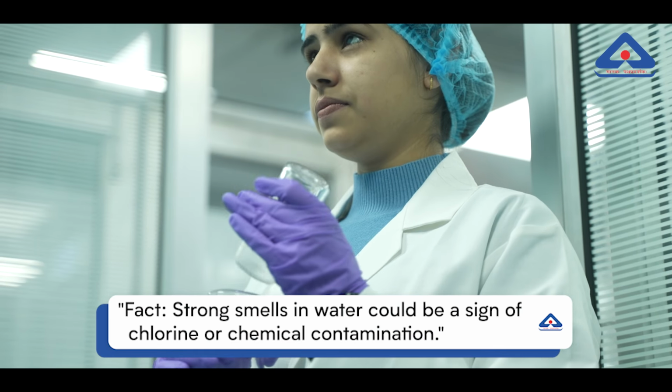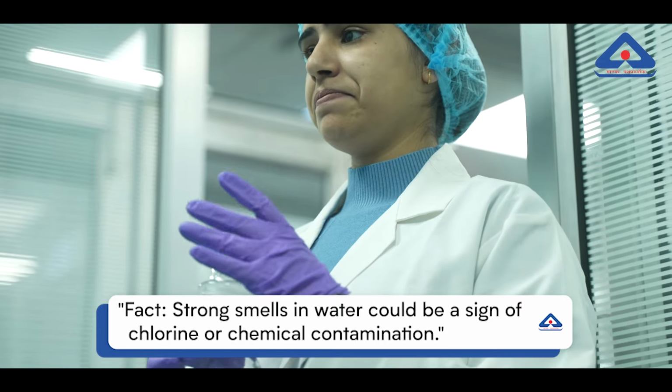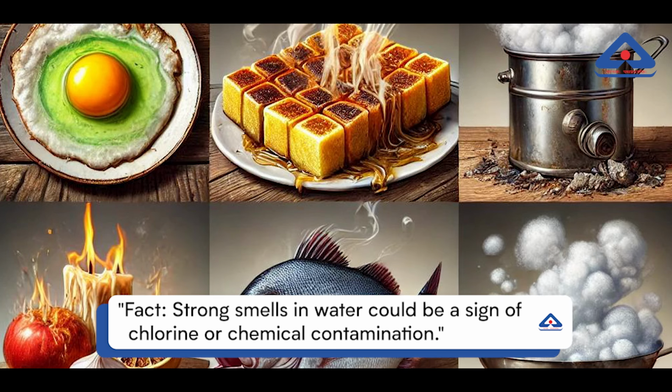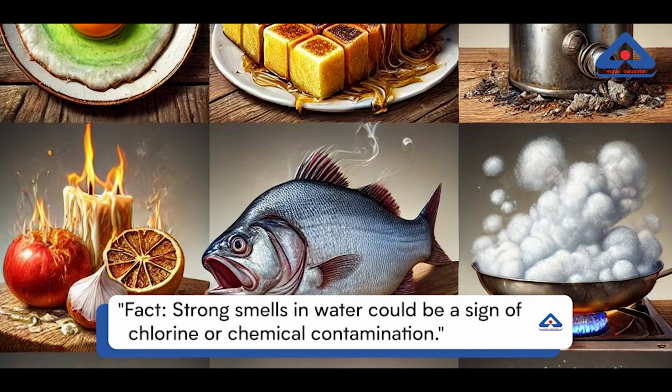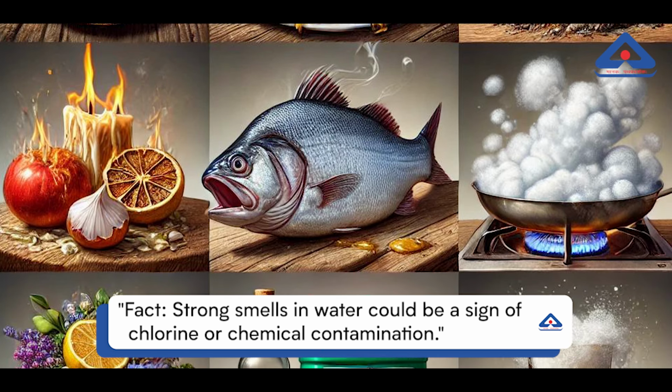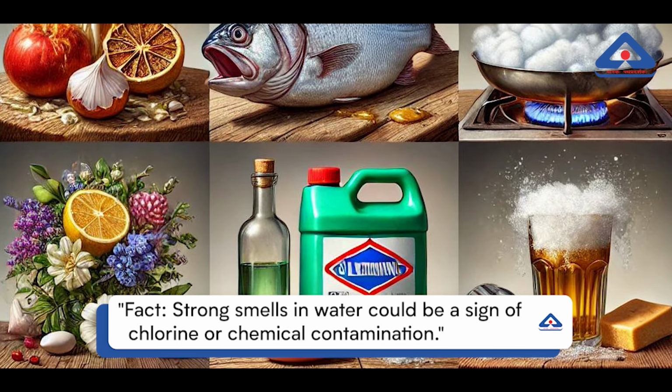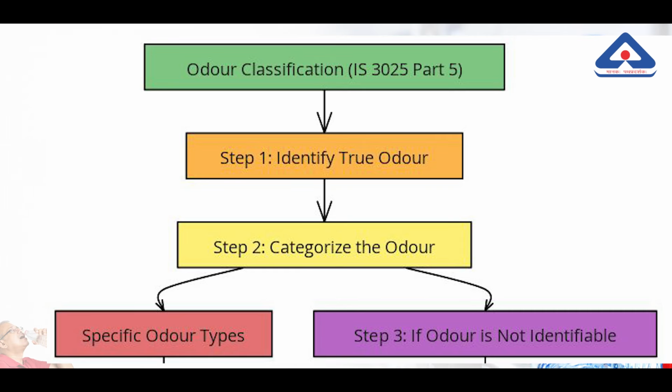Report the true odor of the sample at the mouth of the bottle as rotten egg, burnt sugar, soapy, fishy, septic, aromatic, chlorinous, alcoholic odor, or any other specific odor. In case it is not possible to specify the exact nature of the odor, report it as agreeable or disagreeable.